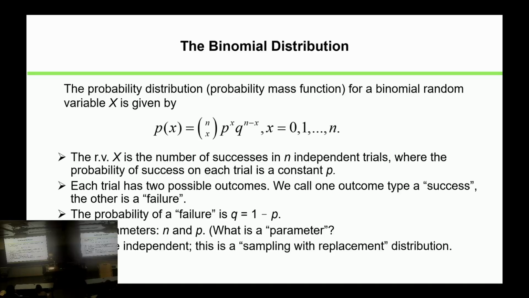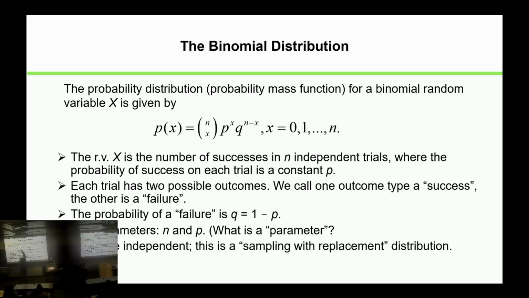I want to emphasize, and you've been working on this right from the very start with the mathematized questions, the two pieces of this equation that we derived. Make sure you understand what the two pieces are. The easy way I think of it is that this piece gives you the probability of getting a particular sequence of X successes and N minus X failures. And then you don't typically care what order they're in if you just want the probability of X successes in N trials.